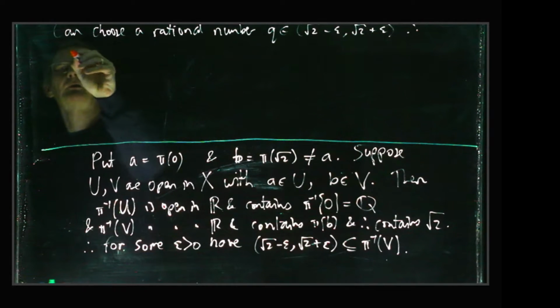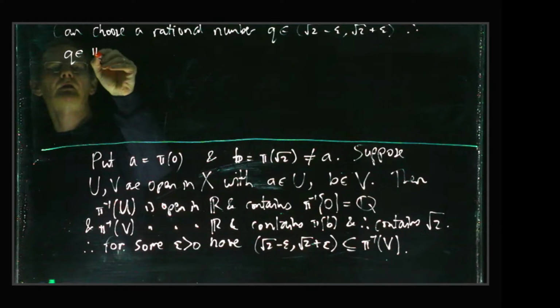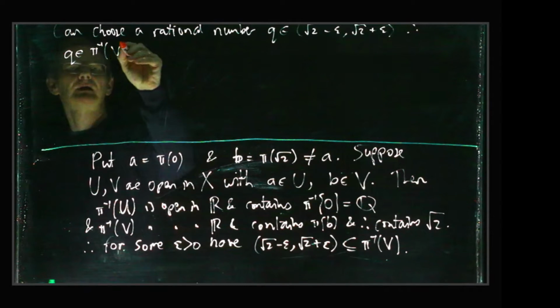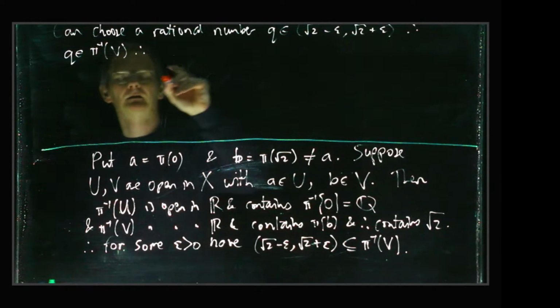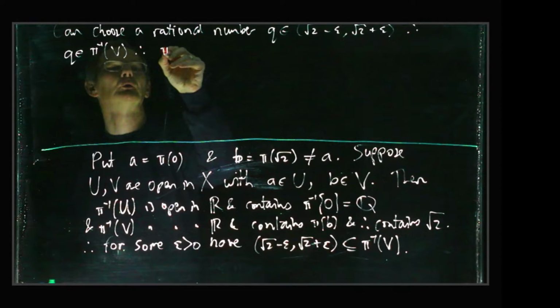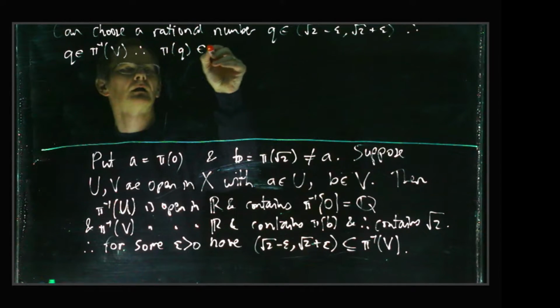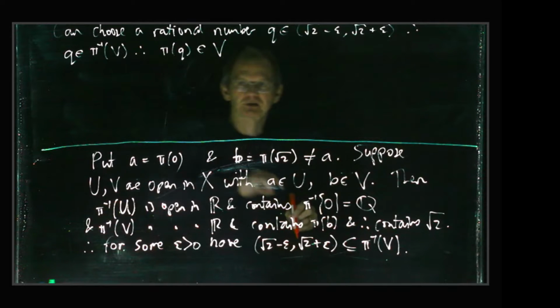So that means that q lies in pi inverse V, but that means that pi of q lies in V. That's just the definition of the preimage.